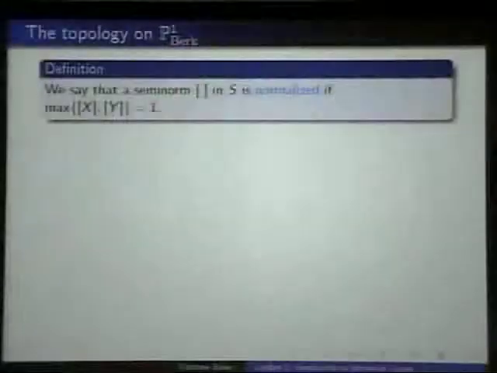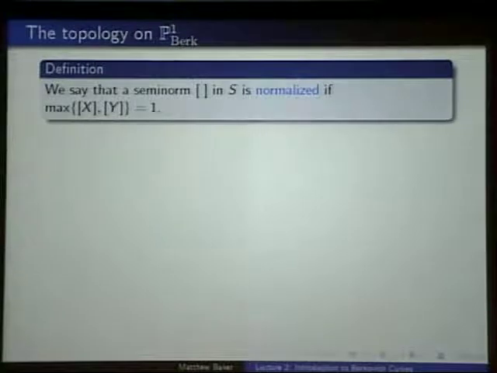So to define the topology, since evaluating at a point is not actually well defined, it's only defined up to equivalence, we can find a normalized seminorm in each equivalence class. A seminorm will be normalized if the max of |x| and |y| is 1.